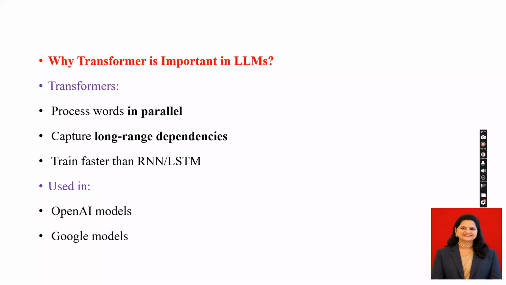Fourth advantage is high scalability for very large datasets. Fifth is superior accuracy across many NLP tasks. Today, transformer architectures are used in GPT models developed by OpenAI, chatbots, sentiment analysis, BERT models developed by Google, text summarization, question answering, and many more.